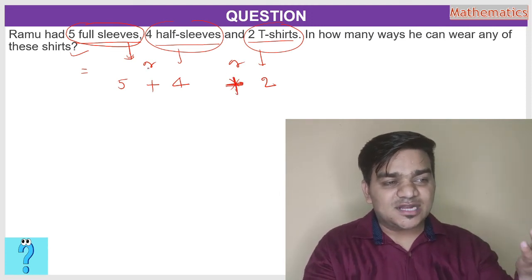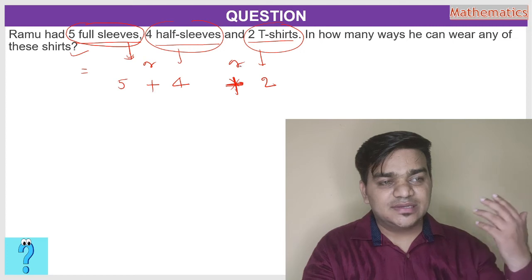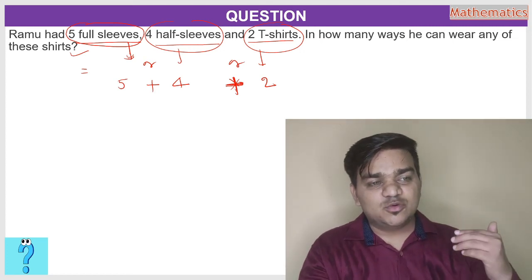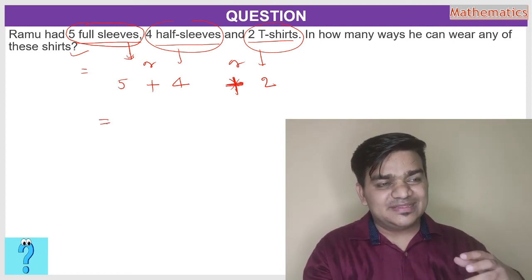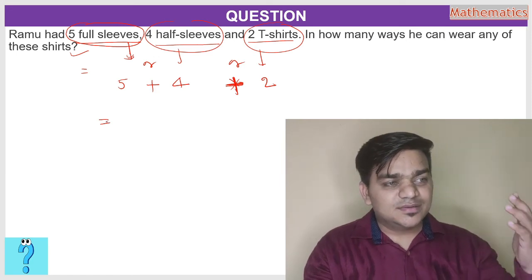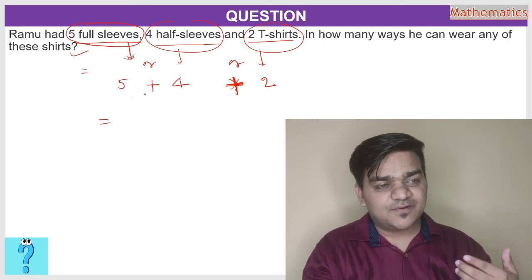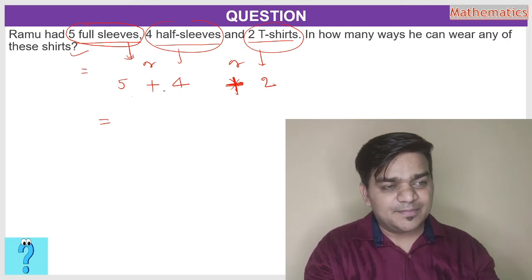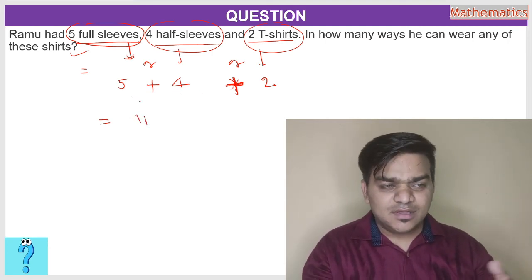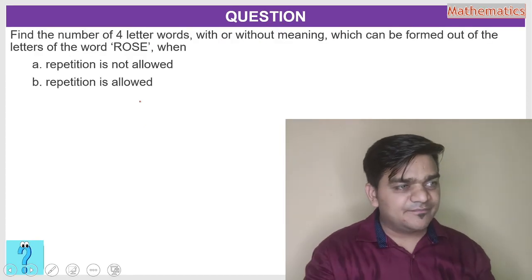At the place of OR we will use addition. So what will be the number of ways to wear any of these shirts? 5 plus 4 plus 2: 5 plus 4 is 9, 9 plus 2 is 11.